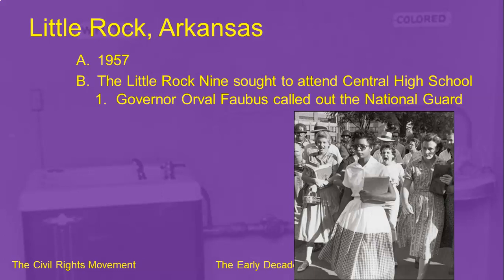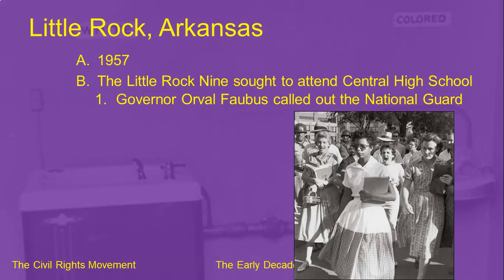The National Guard is people that have military training. They're regular people. They have real jobs. They have day jobs. But in an emergency, they can be called out and they can put on their military uniform, and not only can the president call them out, but the governors can call them out as well.